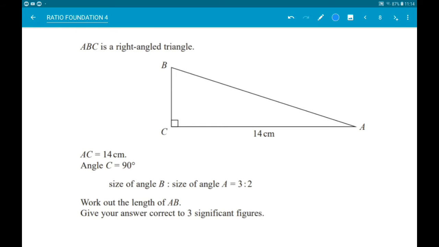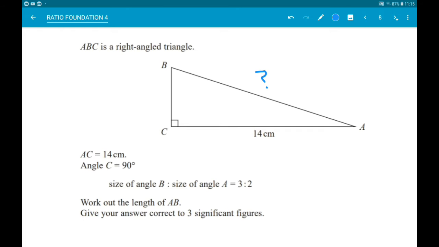So, first up, the size we want is this chap. Okay, so what we need to do is find the size of either angle A or angle B. Now, because angles in a triangle add up to 180, we already have a 90 degree angle.